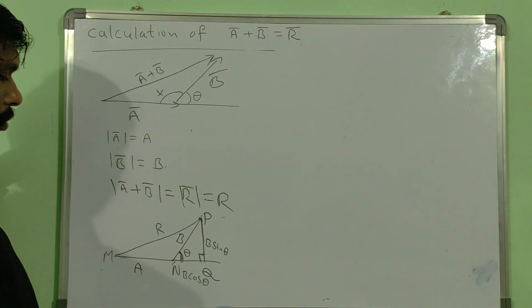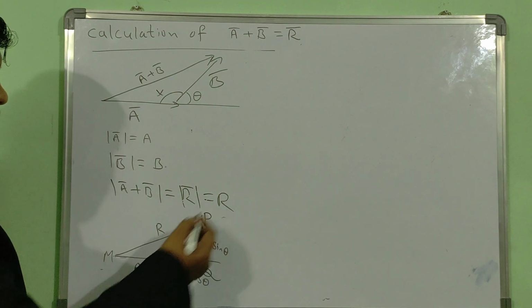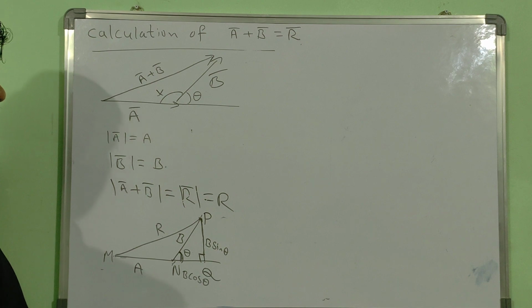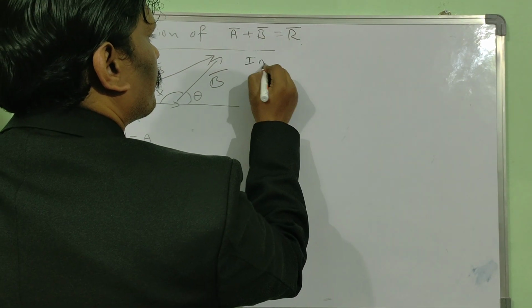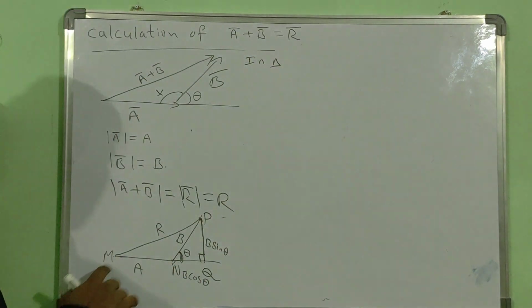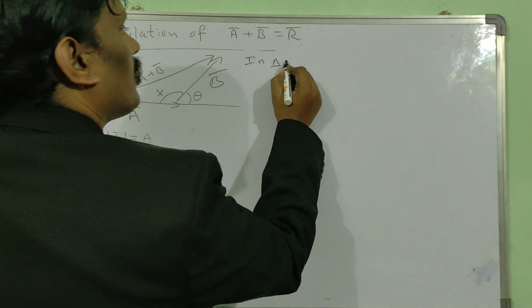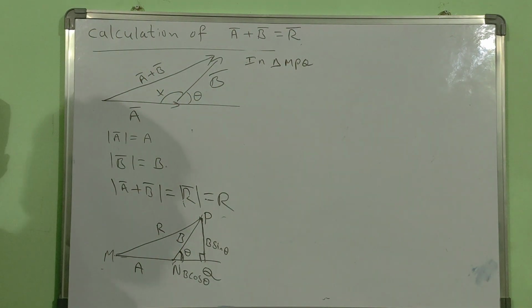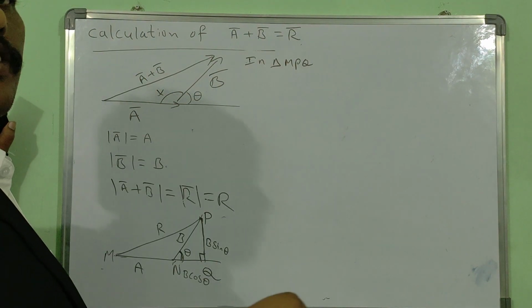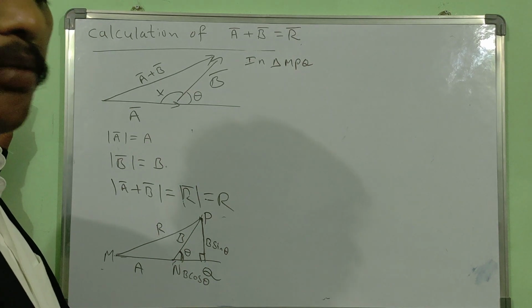How to calculate the magnitude of A bar plus B bar? That means R, how to calculate it, let us see. Now I am going to consider triangle MPQ. Finally I need to calculate the R length. R is the magnitude of the sum of vectors A bar and B bar.